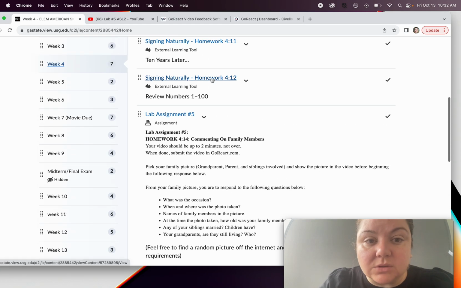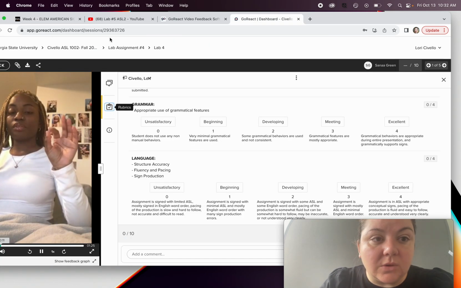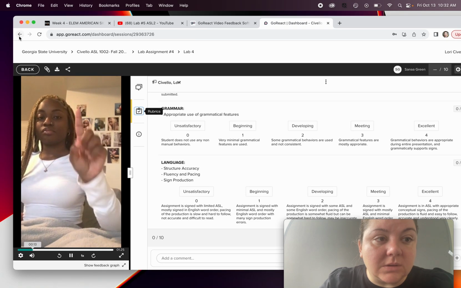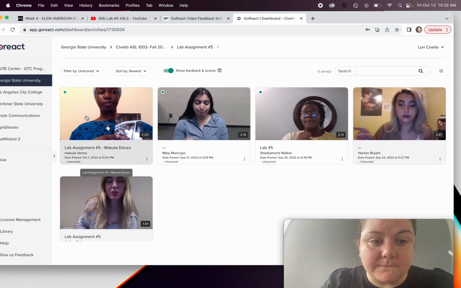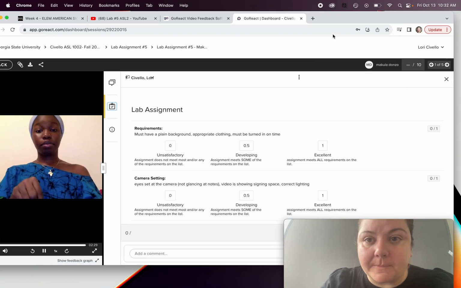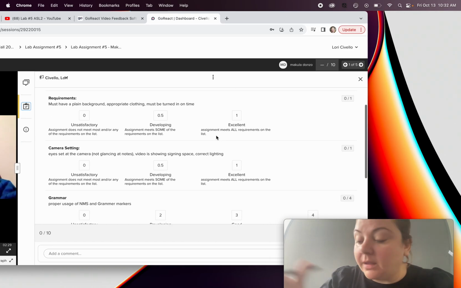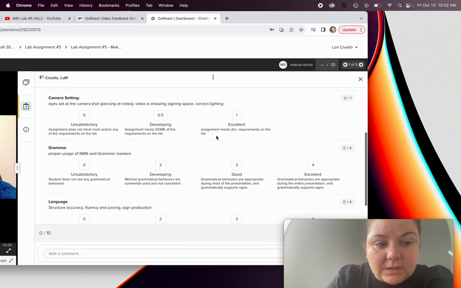And then lab 5 is show the pictures. Let's review what that syllabus, that rubrics look like. Okay, background, great. Camera setting, great.